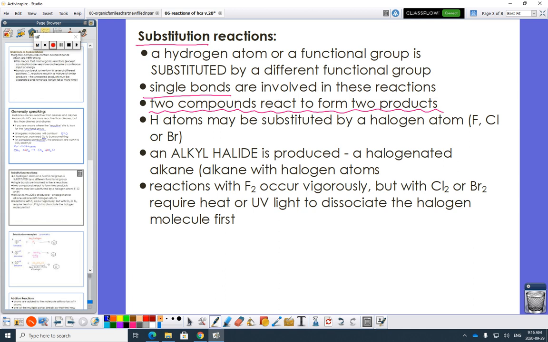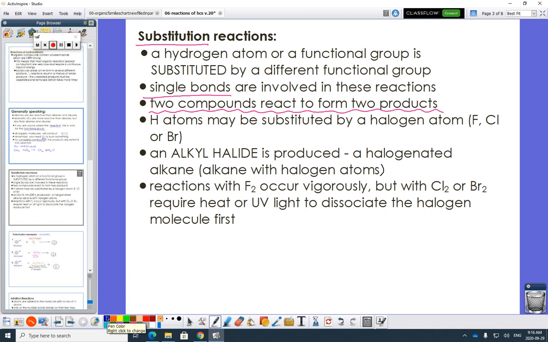So fluorine, chlorine, bromine, those are very reactive atoms. F for fun, right? Fluorine is the most reactive nonmetal. And what you get produced, a fancy word, is called an alkyl halide.